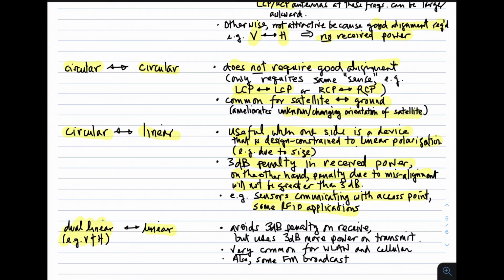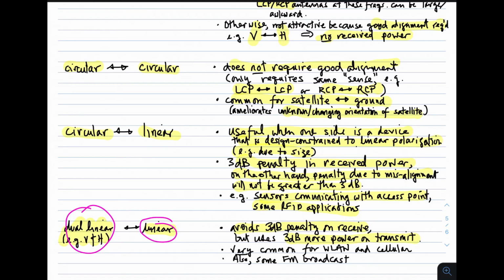Now this is addressing a similar problem as identified above, but it avoids the 3 dB penalty on receive, because if you transmit in both polarizations, then the linear antenna will be able to receive some combination of those two, so there will be no reduction in received power. The penalty comes in on the transmit side, where you have to transmit twice as much power because you need the same amount of power in both polarizations to prevent the power loss on receive.